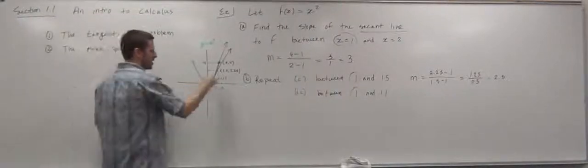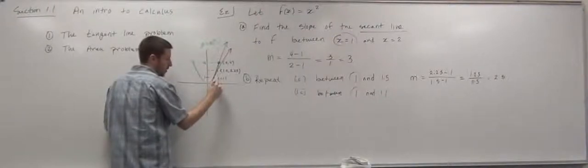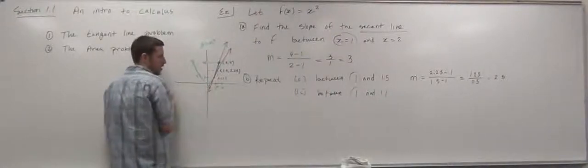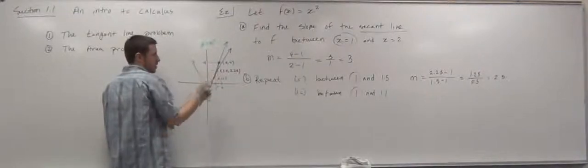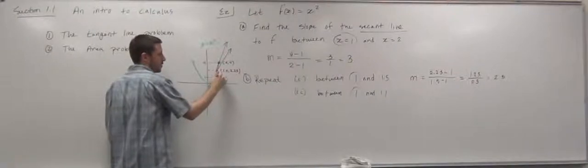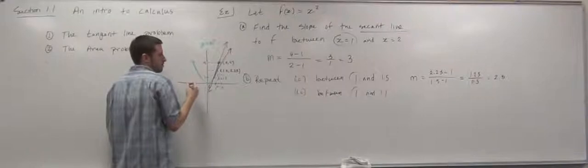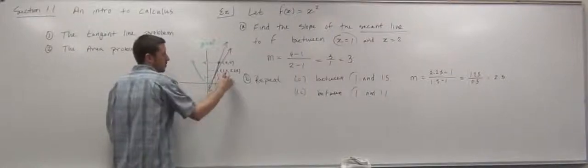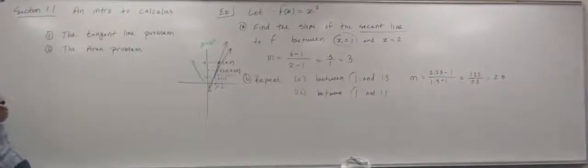Now 1.1 is even smaller. 1.1 is really close to 1. So what point is that going to give you on the graph? 1.1 comma 1.21, because you do 1.1 squared.